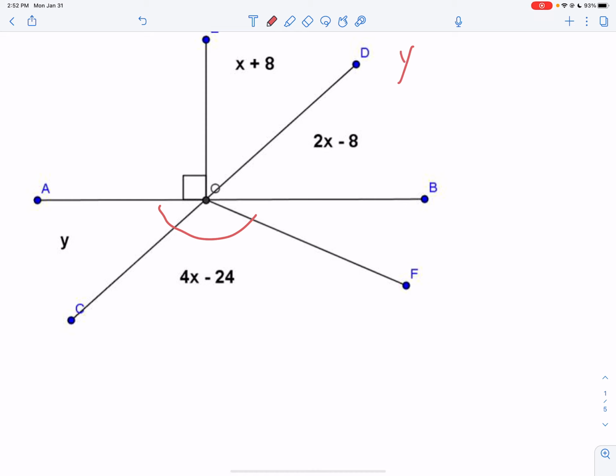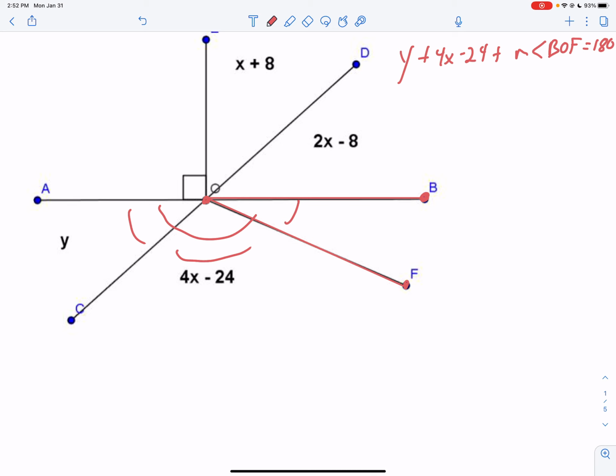So you get y for this angle plus 4x minus 24 for this angle plus the measure of BOF. And that's all equal to 180. That's that angle. That's BOF. That's the angle itself, pretty much.